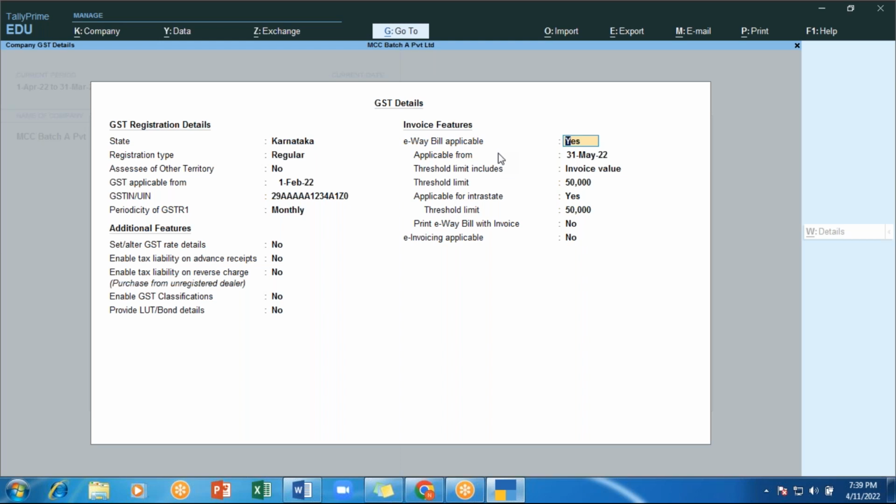It can be within my state or a sale to some other state. In both cases, the threshold limit is 50,000. If I'm crossing more than 50,000, then I have to give this e-way bill.